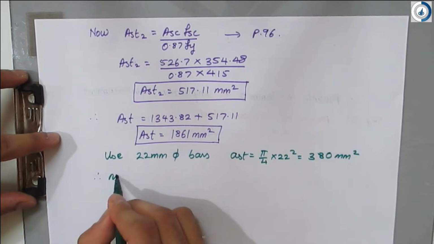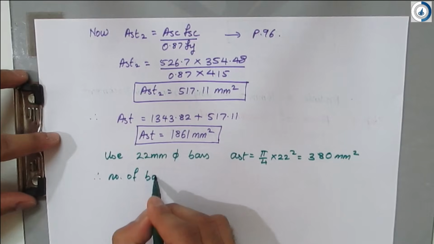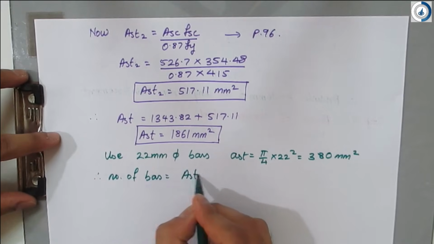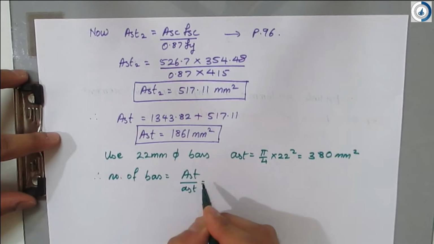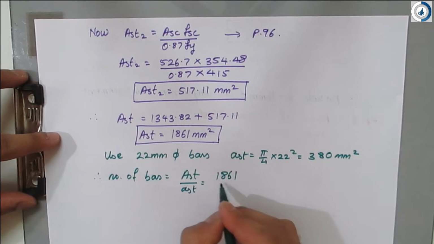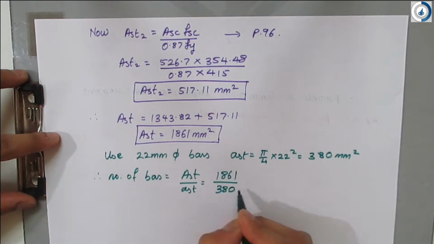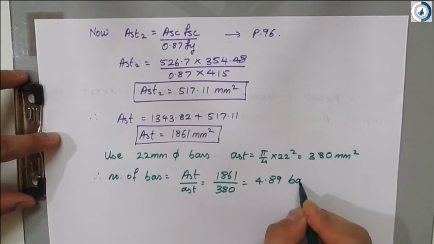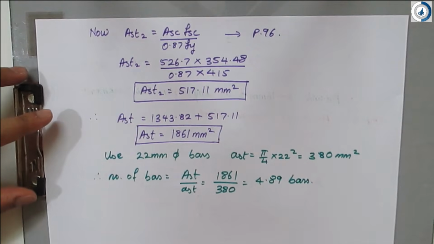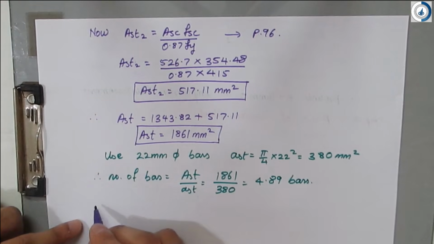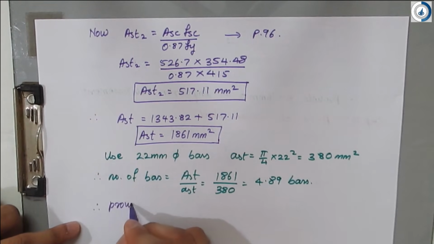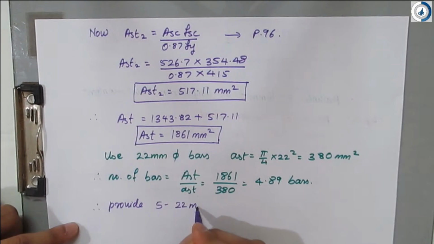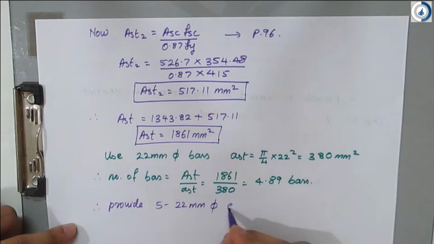Therefore number of bars equals AST by small ast, so 1861 divided by 380. You will be getting 4.89 bars. But 4.89 bars you cannot provide. Therefore provide 5 bars of 22 mm diameter as tension reinforcement.